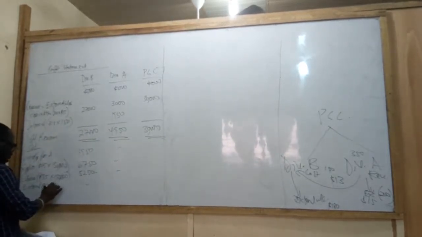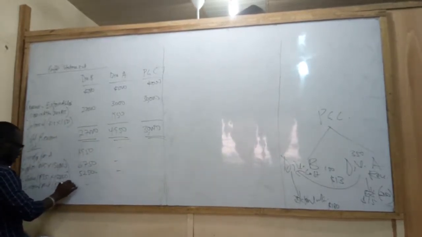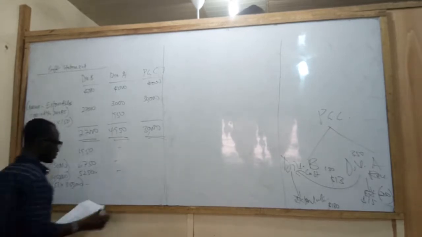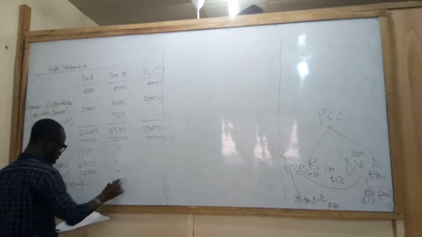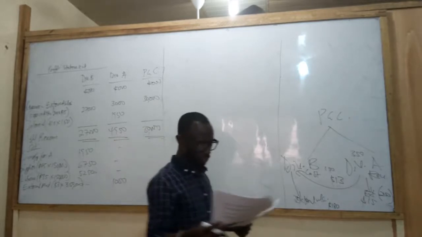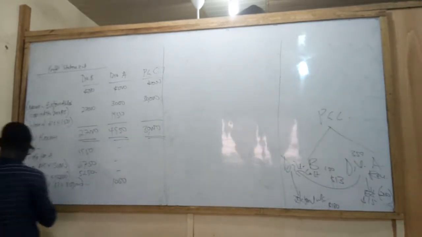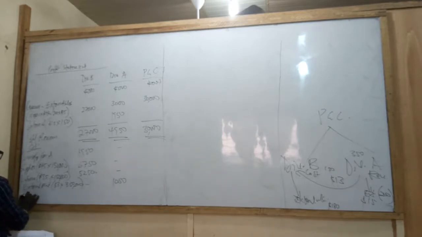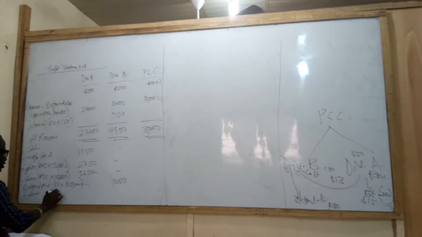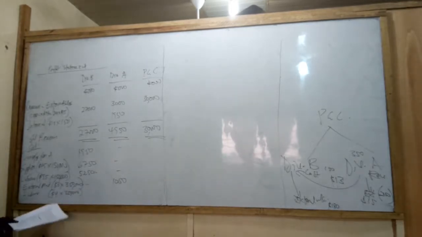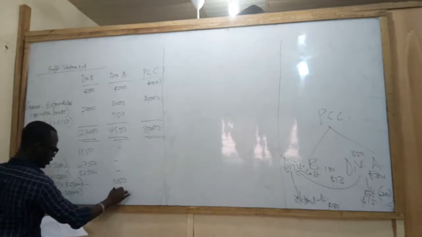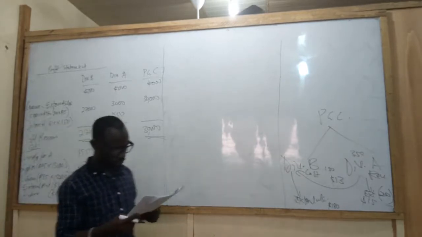So let me put it here. 3 times 350,000. 1,000. What else do we have as their cost? Labor, right? How much? So 4 at what? 350. What do we have? 1,400. What else do we have?